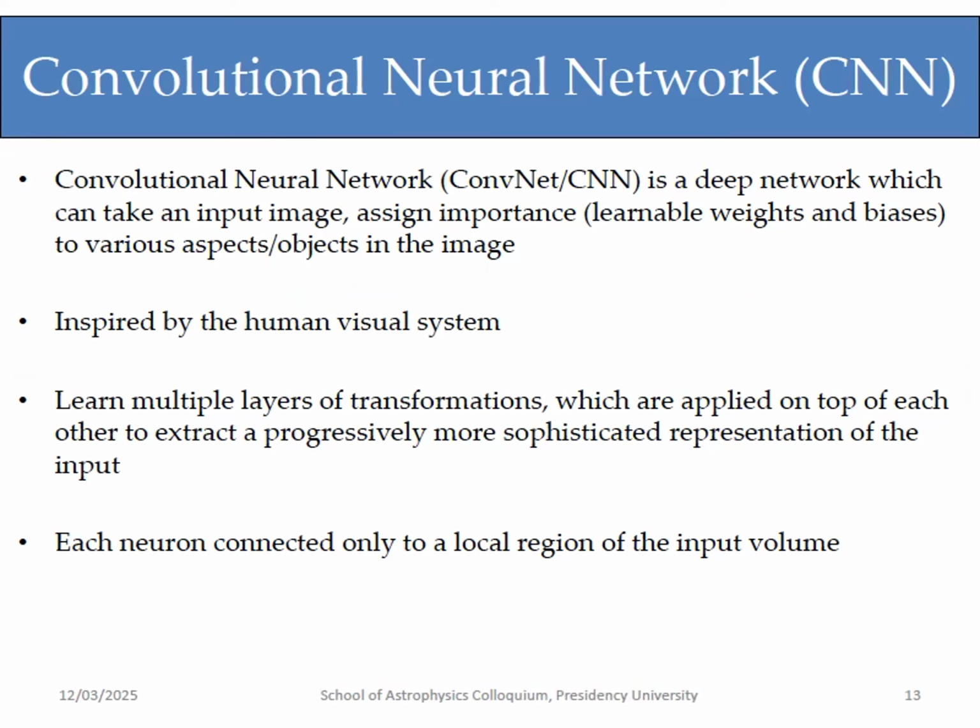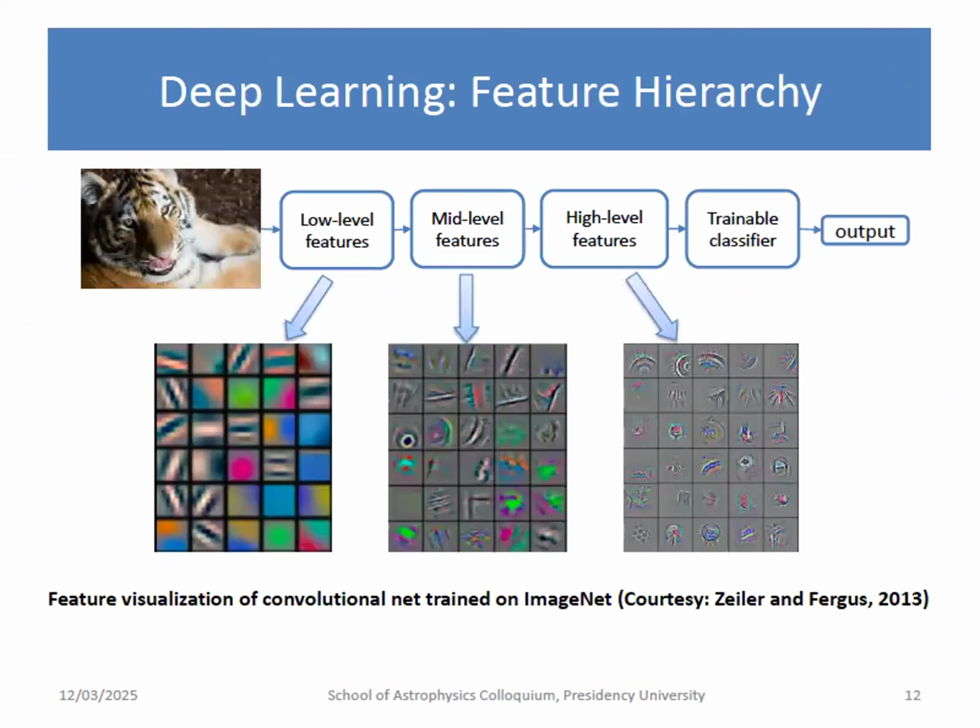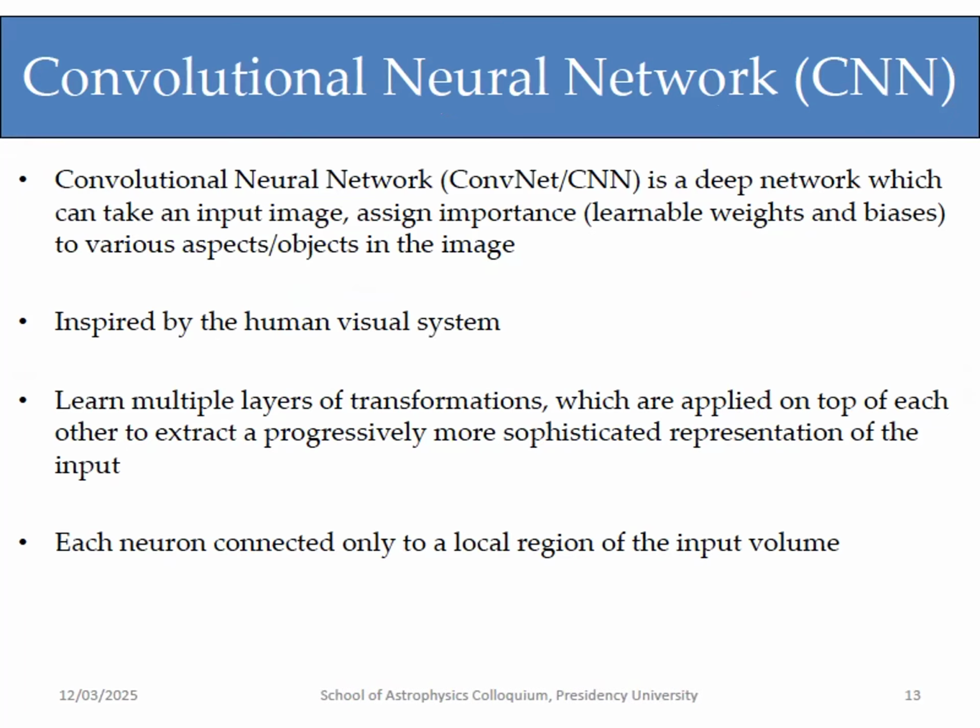So when you take these individual features and convolve them with the image, the filter has weights, and then you add a bias, and they learn through the system. This is inspired by the human visual system, learning multiple layers of transformations and so on.